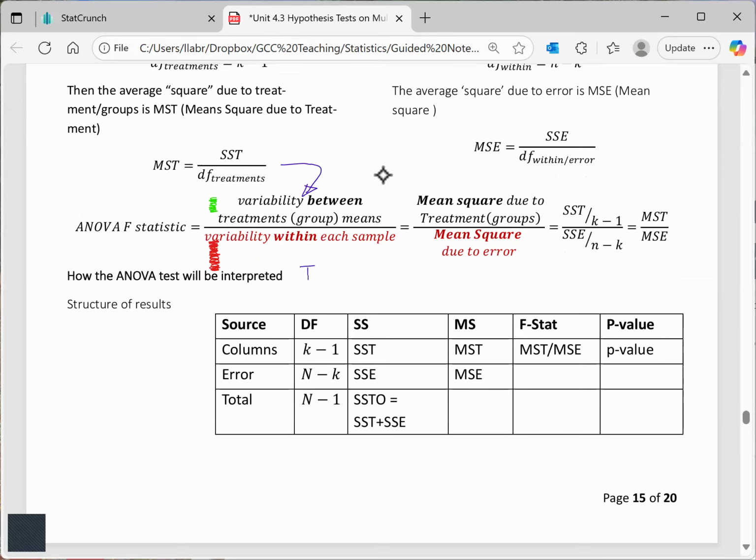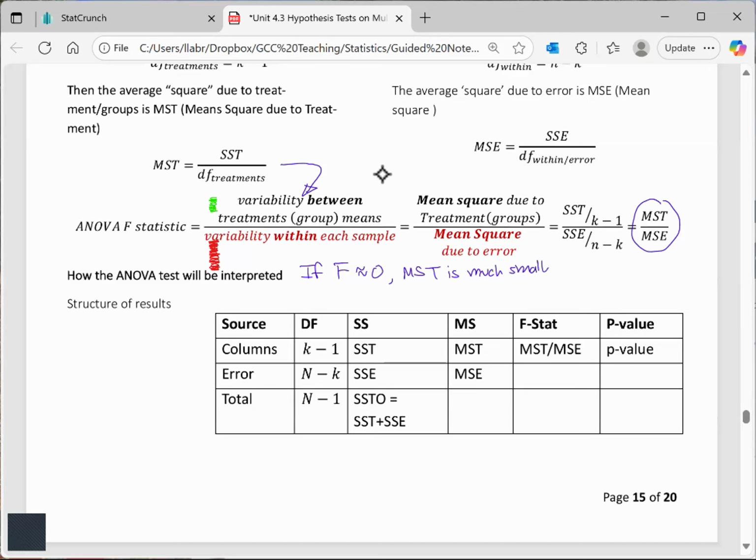So if the ratio, which is this MST over MSE, the ANOVA F stat, this is called the F statistic. If the F statistic is really small, really close to 0, it means that MST is much smaller than MSE.